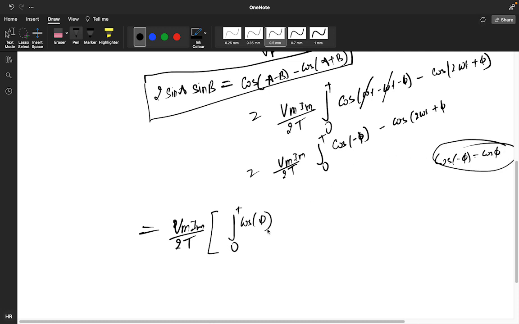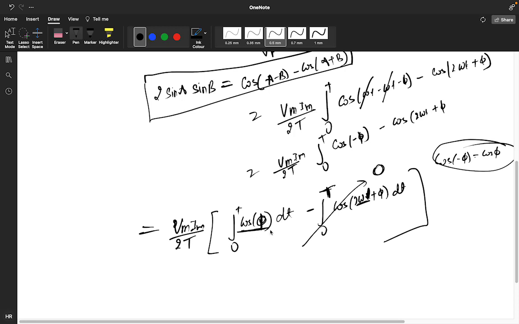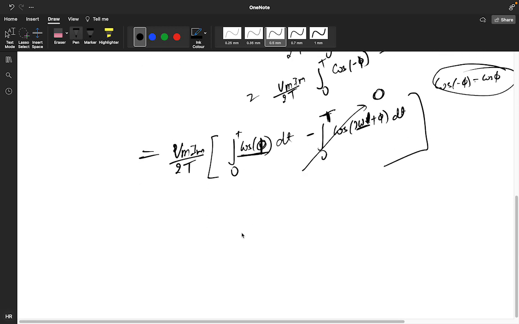So I am writing cos phi dt minus the integral from 0 to T of cos 2 omega t plus phi dt. This is a trigonometric function, so the average of the trigonometric function is 0 only. But cos phi is a constant value, so this won't be 0. If you solve this, you will get Vm into Im by 2T.